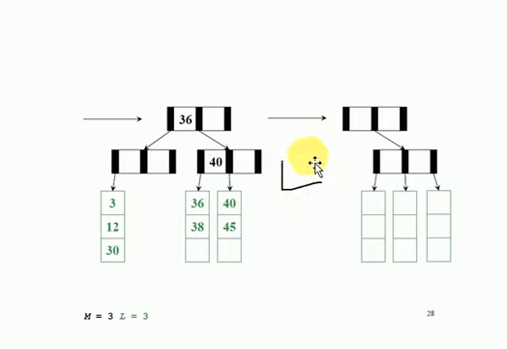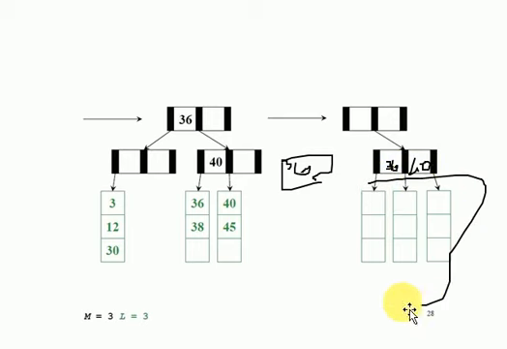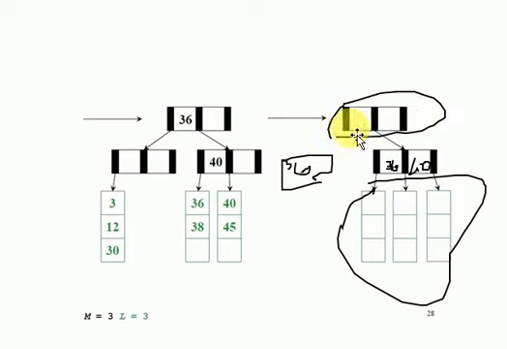Here you will be getting 36. So I'll write here 36, 40, and the rest of the resultant 3 nodes will come at this position, whereas this upper part will not be in existence.